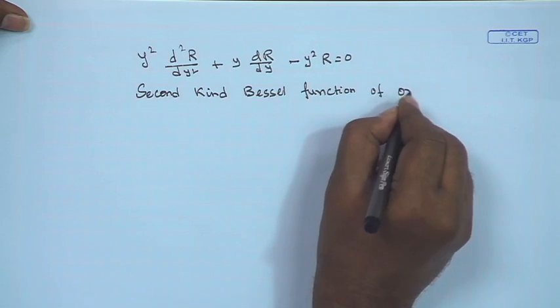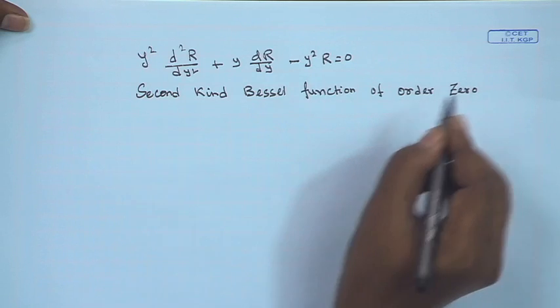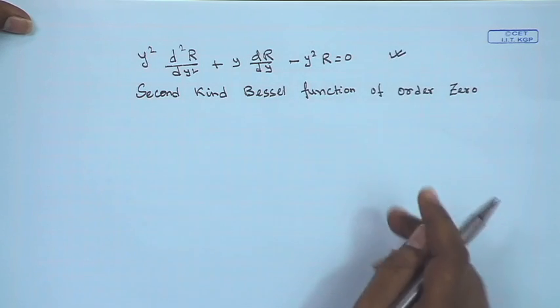of order 0. Okay. As we have discussed about the special ODEs, the special ordinary differential equations, that we discussed earlier, we can identify that this equation is nothing but the 0th order Bessel equation of second kind.